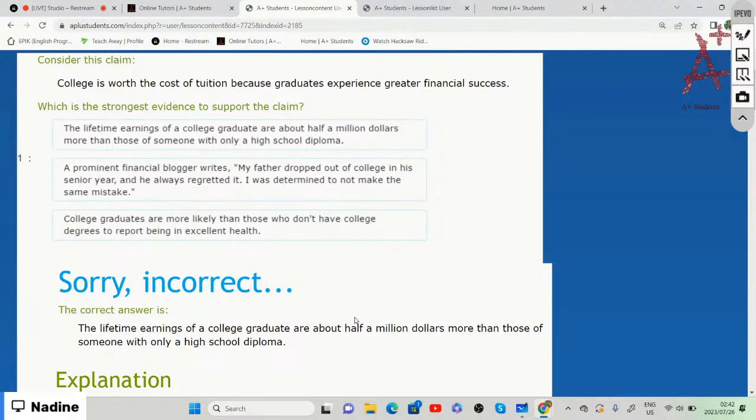I was determined not to make the same mistake." And then we have the last one: college graduates are more likely than those who don't have college degrees to report being in excellent health. So these are claims as well, and we need to choose the strongest evidence to support this claim. The claim is college is worth the cost of tuition because graduates experience greater financial success.